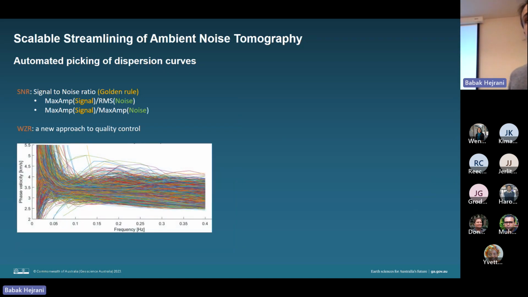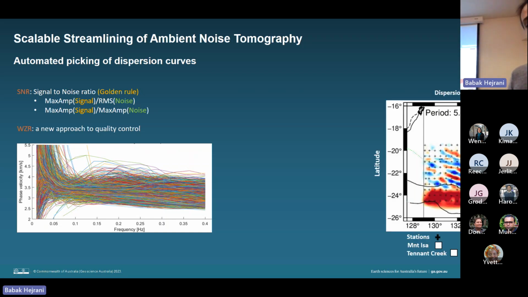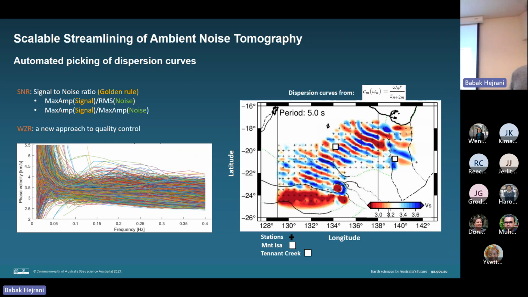Now, I'd like to show you what that does to the data. If you don't use WZR, if you don't use my automatic approach to dispersion curves, this would be 15,000 dispersion curves that were recorded by the Oz array. If you do tomography using these, that's what your Earth structure looks like at 5 seconds.